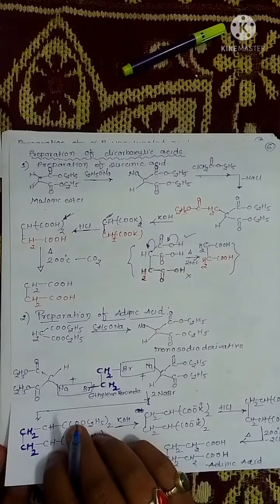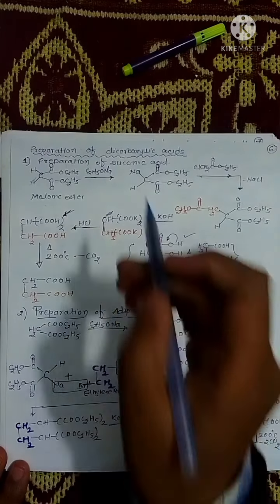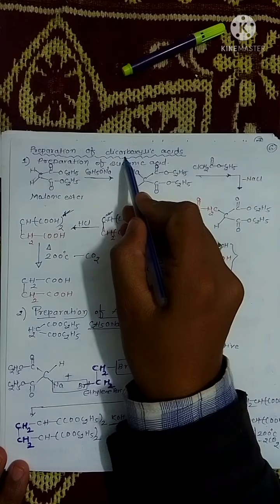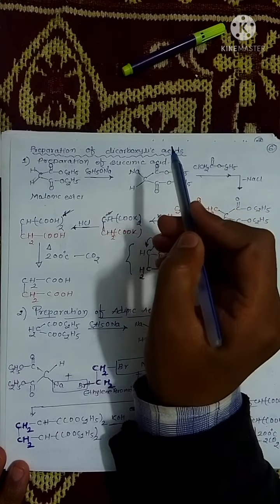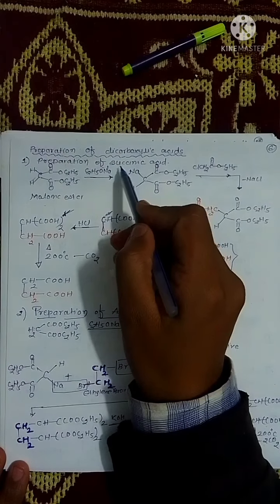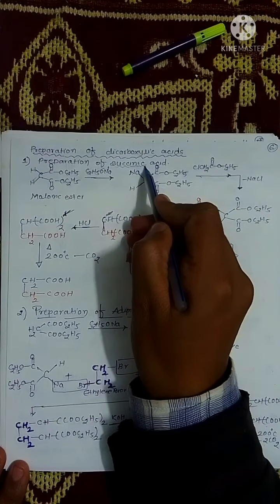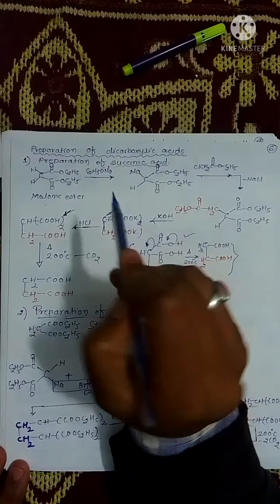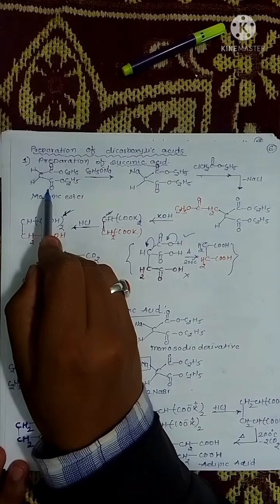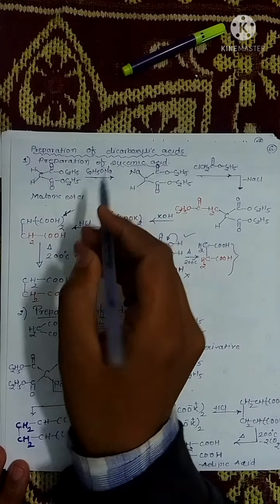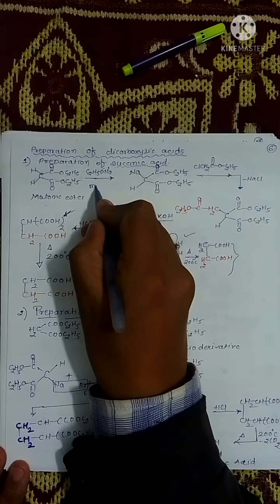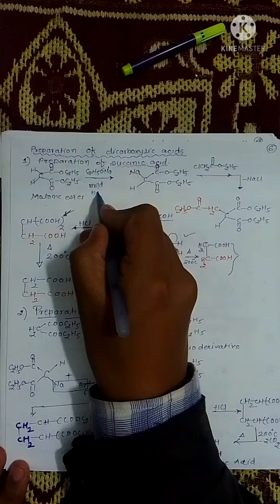Now we are going to see how dicarboxylic acid is formed by using malonic ester. First we are going to see the synthesis of succinic acid. Again malonic ester is treated with the mild base, sodium ethoxide.